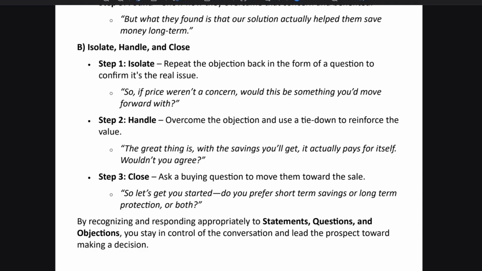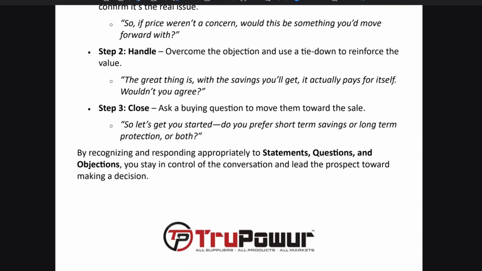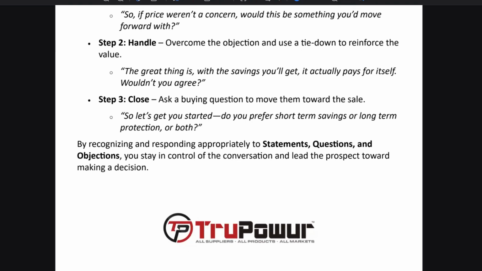The great thing with saving is that it actually pays for itself, wouldn't you agree? Then close by asking a buying question to move them forward in the sale. So let's say you get started. Would you prefer short-term savings or long-term protection, or both?